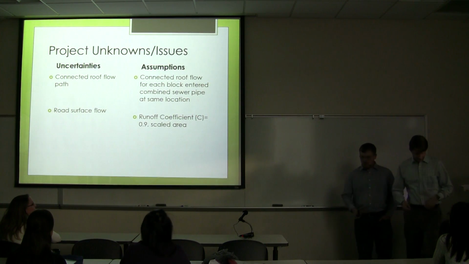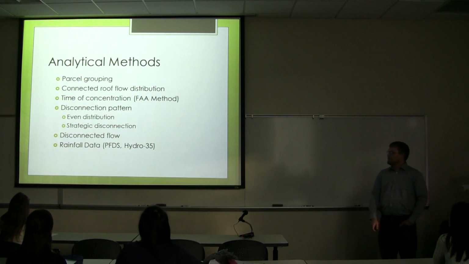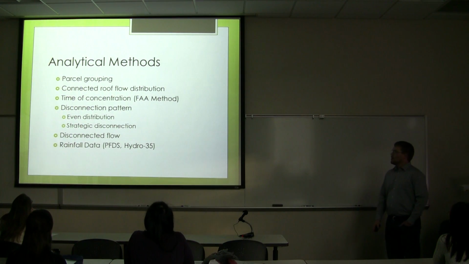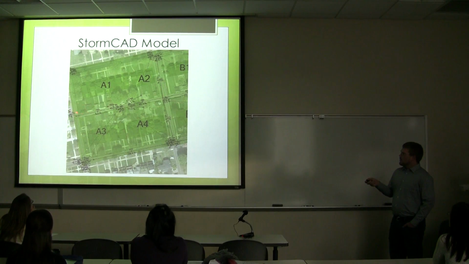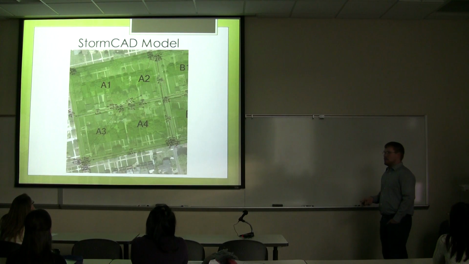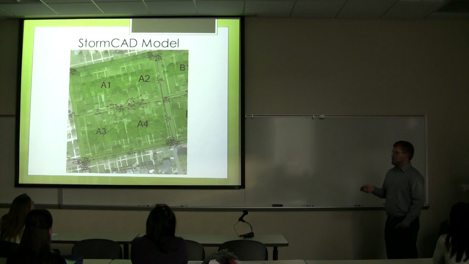All right. Our analytical methods. First, I'll talk about how we set up our model. As you can see here, we have catchments drawn for surface flow for each block, and they're divided according to contour elevations. We found the contour elevations from Google Earth Pro, finding the high points and which direction they would go.